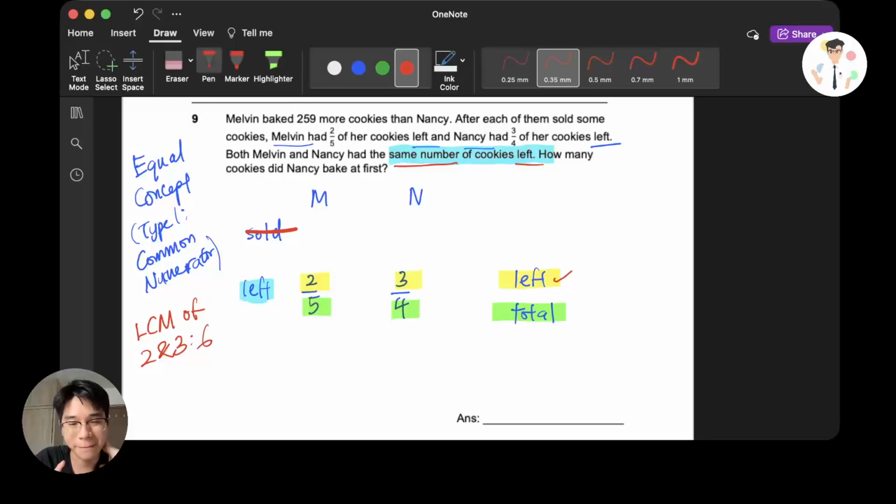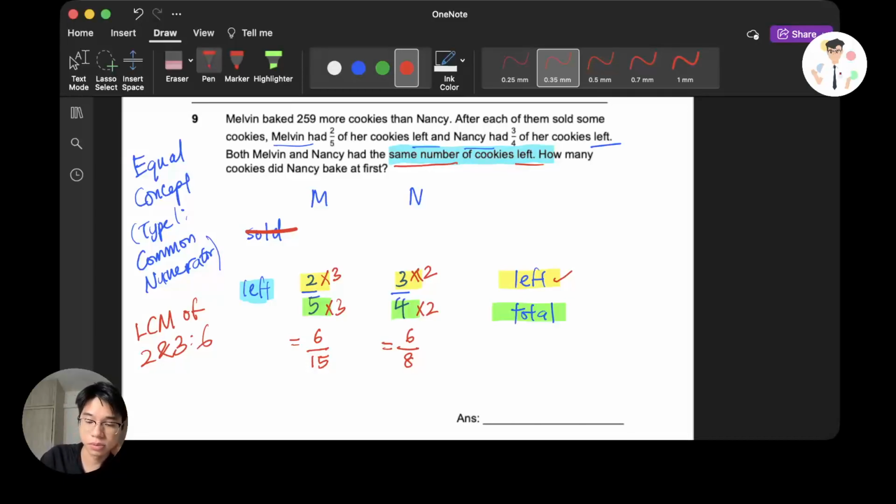Now, many of you actually make the 5 and 4 the same, which is the total. Again, you have made the same mistake that students have made in the class, right? So 2 times 3, 3 times 2. If we times 3 here, we times 3 here. If we times 2 here, we times 2 here. So now the new fraction is supposed to be 6/15, and the new fraction is supposed to be 6/8.